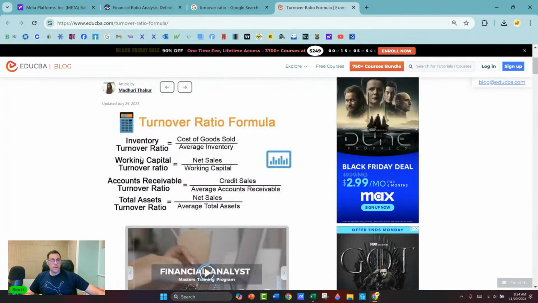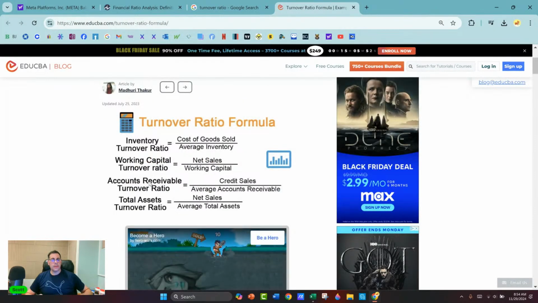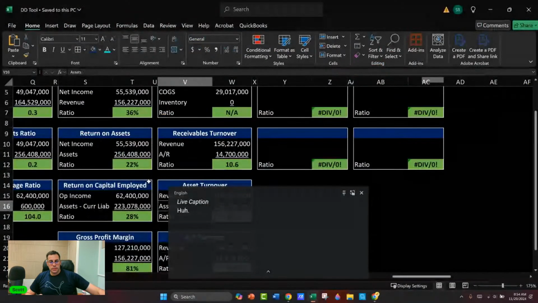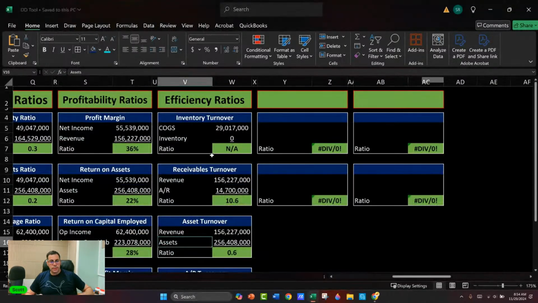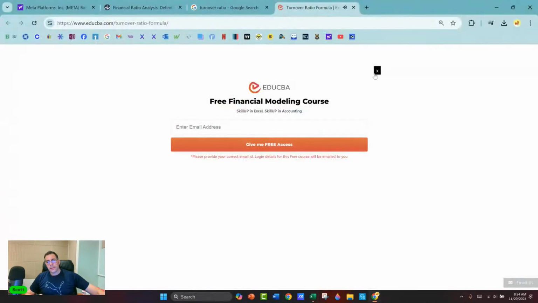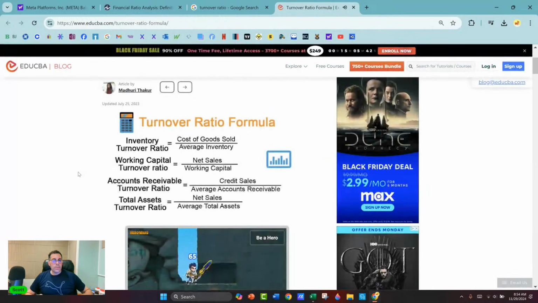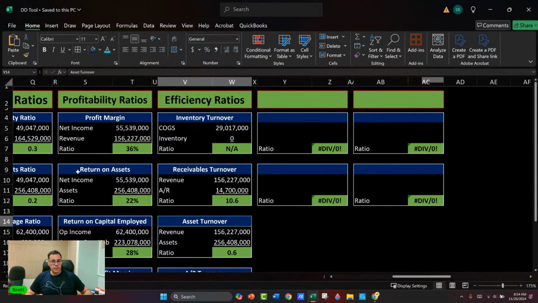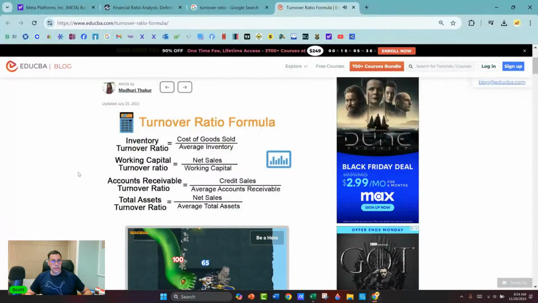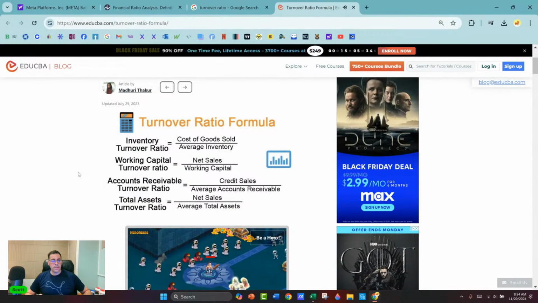So inventory turnover. I got inventory turnover. Working capital turnover, sales over working capital. I don't have that. Asset turnover.